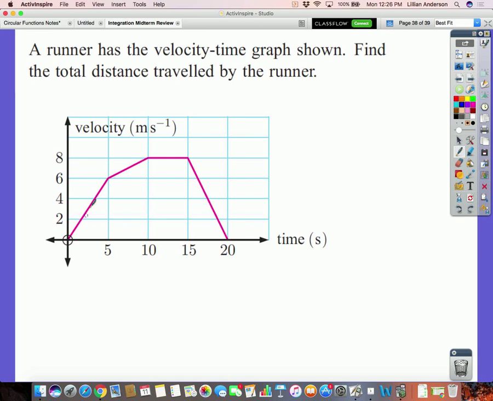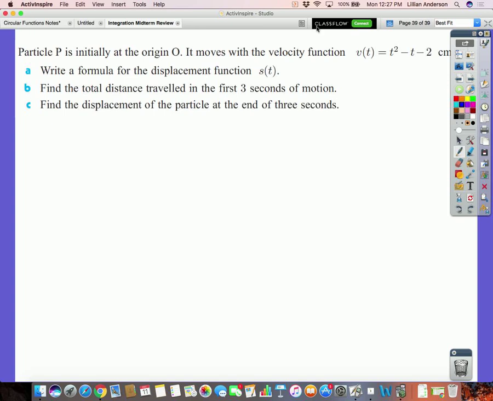Distance traveled is, again, still nothing but the area underneath the curve of your velocity function. So something like this, you want to find basically the area of each one of these little regions to figure that out, because there is no function. However, if there was a function such as this case, then that's when you would do the absolute value of this function, and you would evaluate it from 0 to 3. It's asking for 3 seconds of motion.